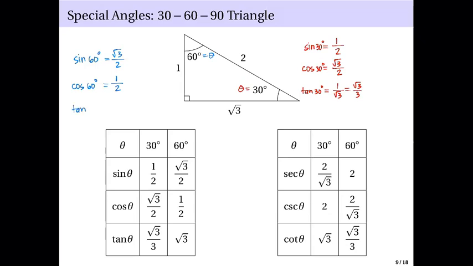And finally, tangent 60 degrees. Tangent, TOA. So this is the opposite, that's square root of 3, and the adjacent is equal to 1. So square root of 3 over 1. That's why you see this square root of 3 here.